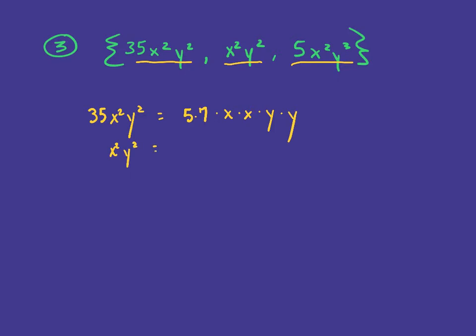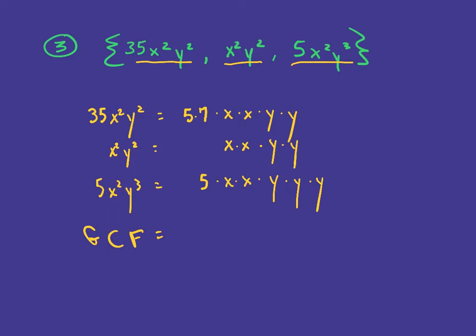X squared y squared doesn't have any numbers, but we've got 2 x's. We've got 2 y's. 5x squared y cubed, no numbers that we can break down other than just 5. But we've got 2 x's and we've got 3 y's.